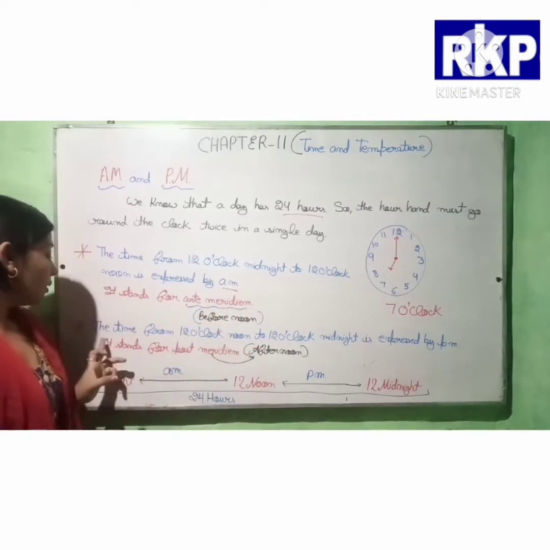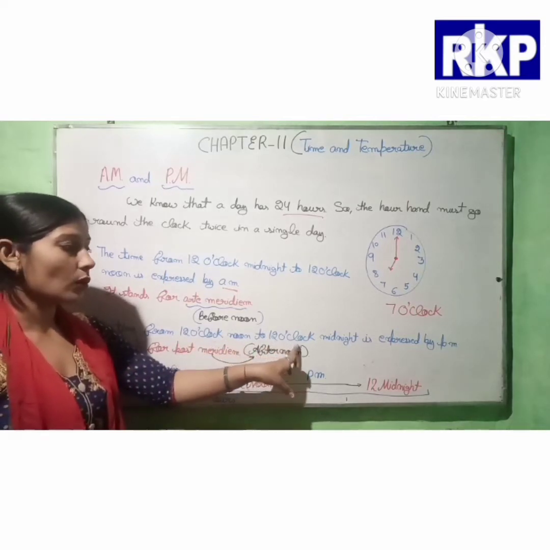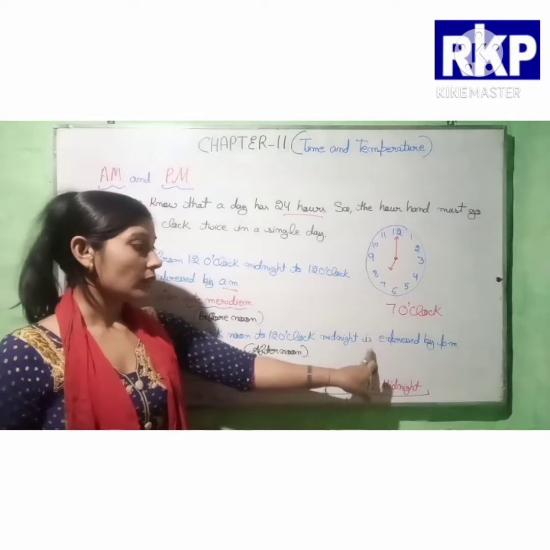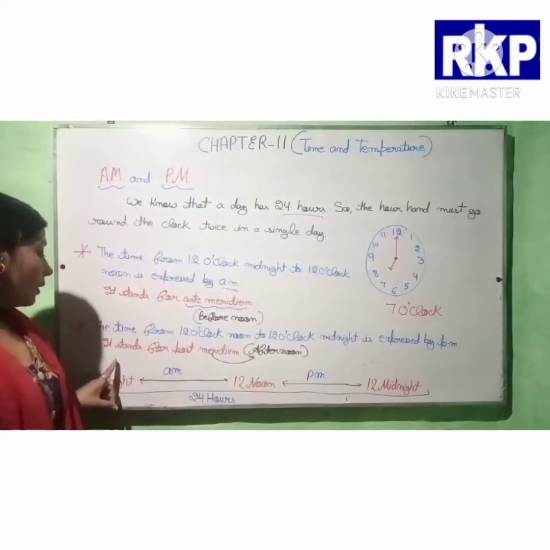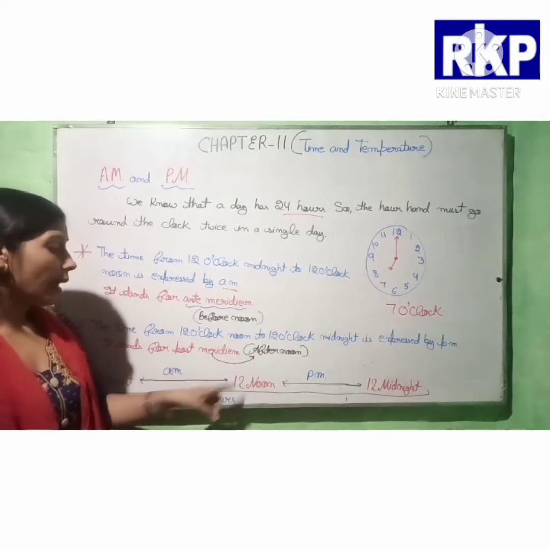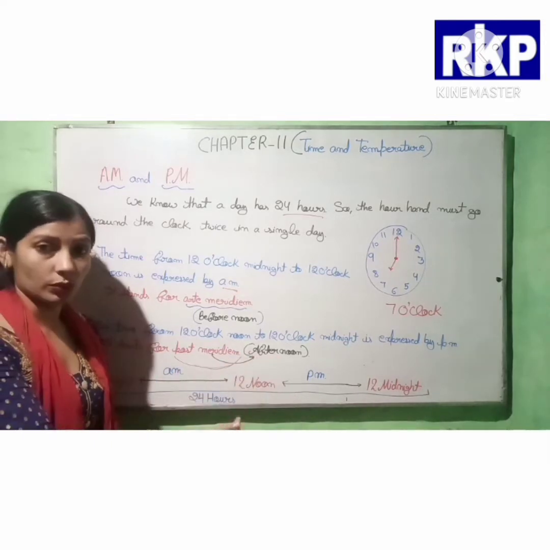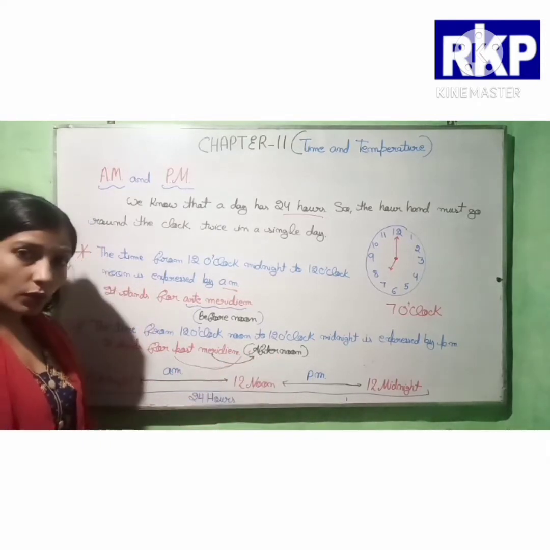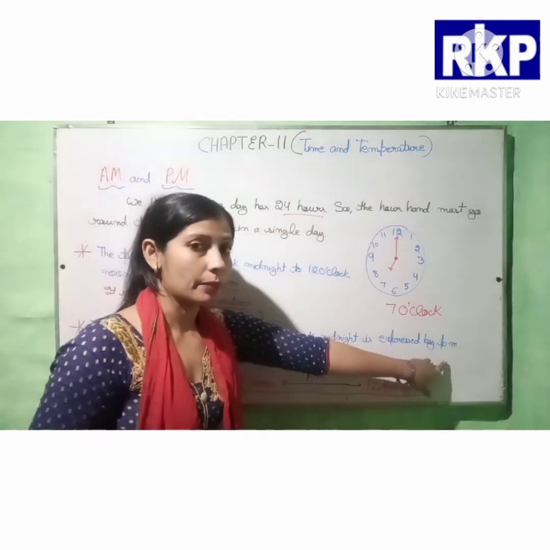The time from 12 o'clock noon to 12 o'clock midnight is expressed by PM. It stands for post meridian, and post meridian means after noon. The short form of post meridian is PM.